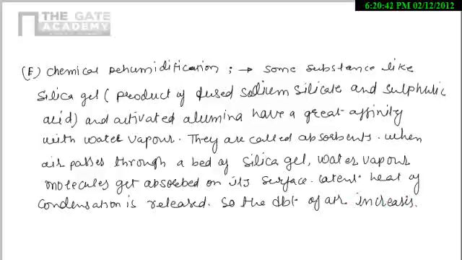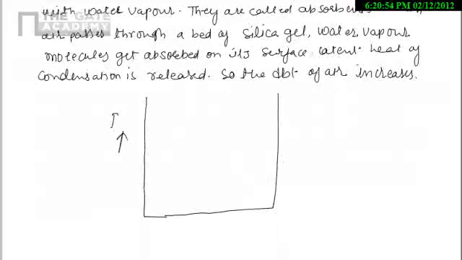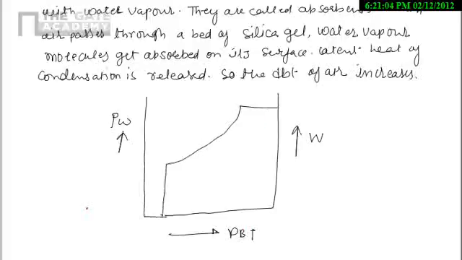So now let's draw this process on the psychrometric chart. I am just drawing the psychrometric chart here, that is PW, that is W, that is dry bulb temperature, and here I am representing the process 1 to 2.